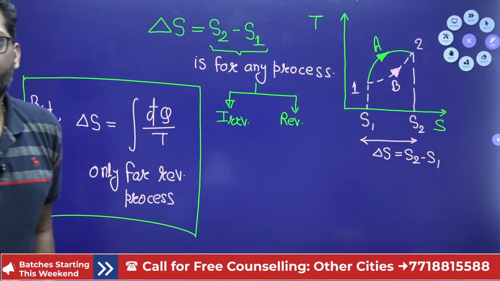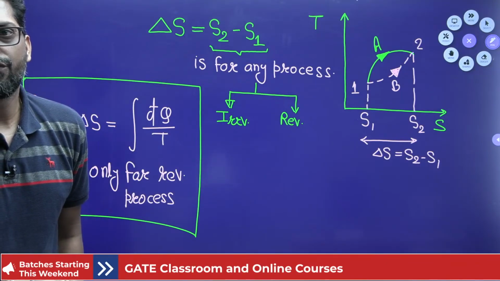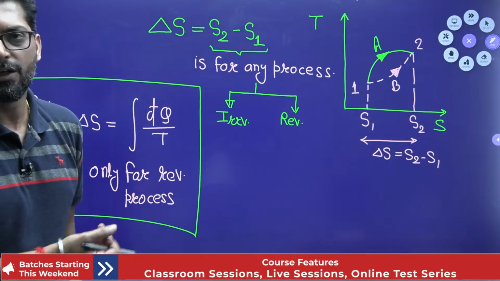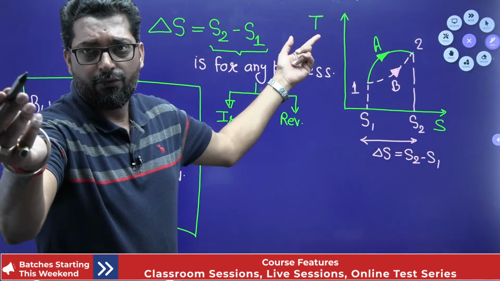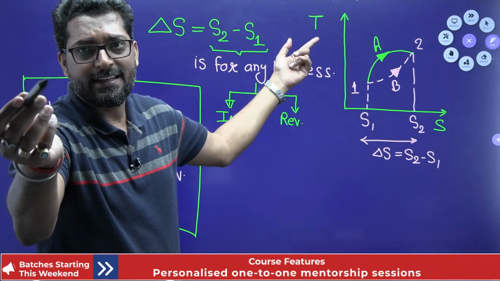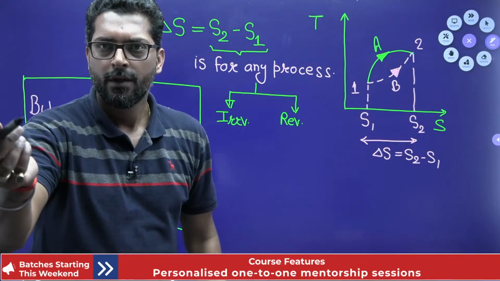Right, Pratik. For the graph, can we replace x and y for the liquid and vapor? Yes, of course. Liquid and vapor, yes. X and y you can replace, okay?